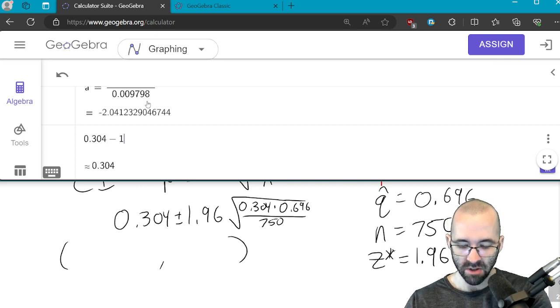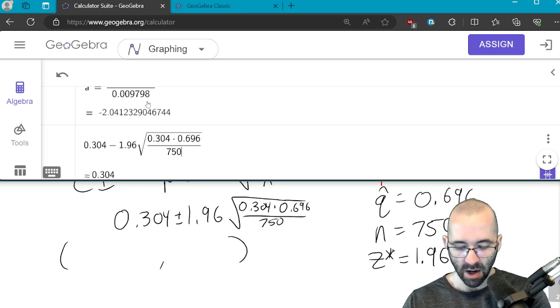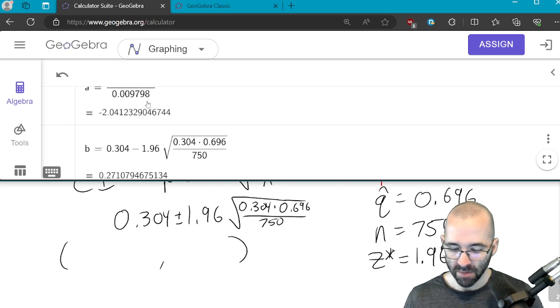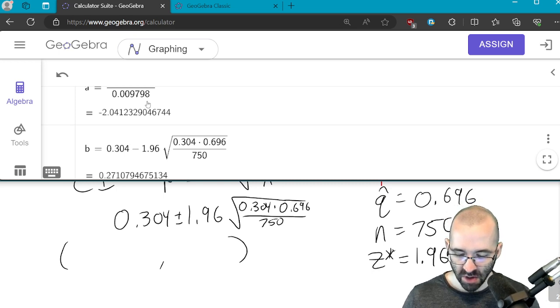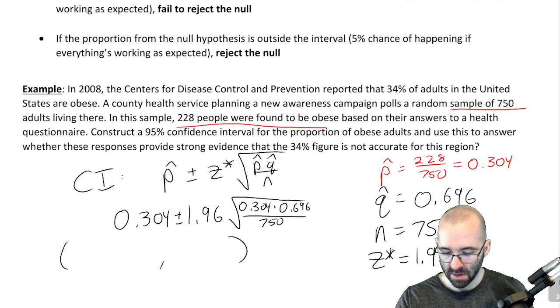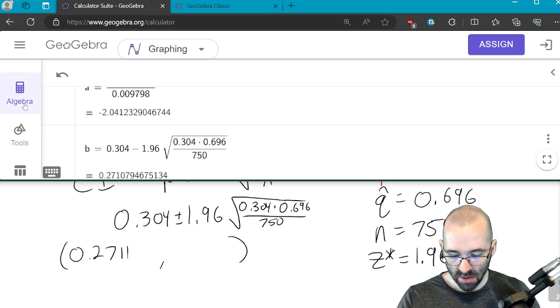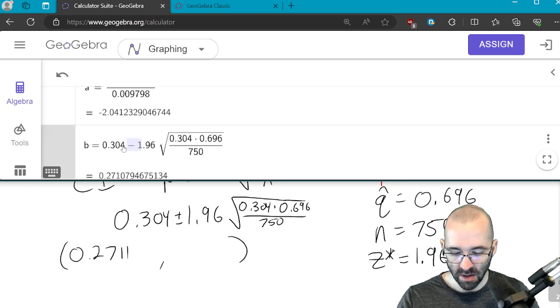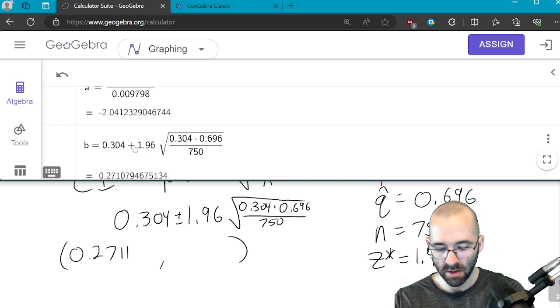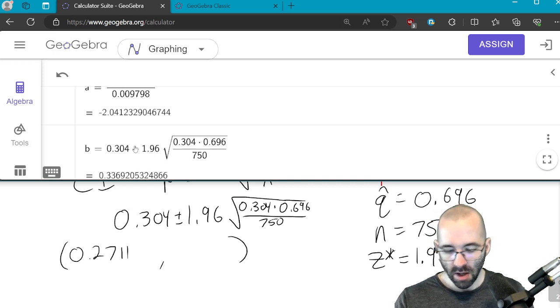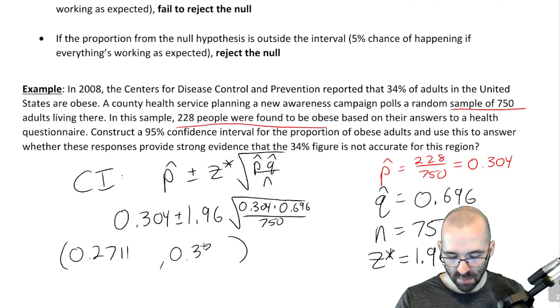Let's do the minus one first, being very careful that how we type it in is how we think it should be. So 0.2711, 27.11%, up to, let's change it to a plus to get the bigger one, 0.3369.